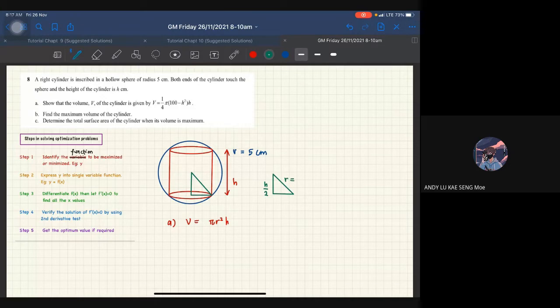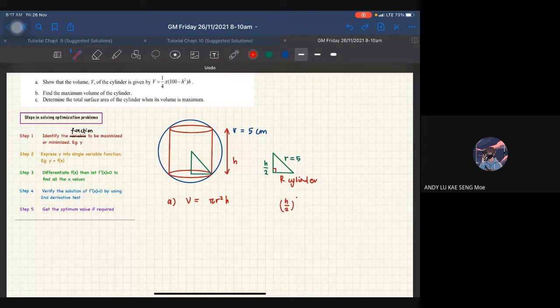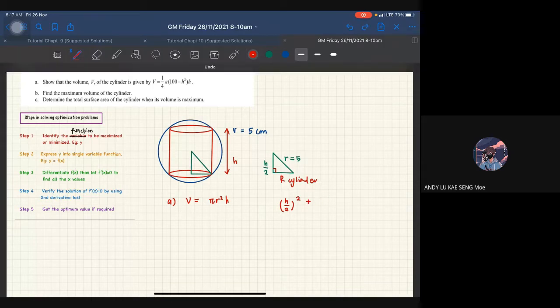Okay, so dekat sini, kita tak tahu. Kita nak cari. This one adalah radius of the cylinder. Kalau tengok dekat sini, this one adalah right angle triangle. So awak boleh guna theorem Pythagoras. Formula kita adalah H over 2 square plus R square equal to 5 square.